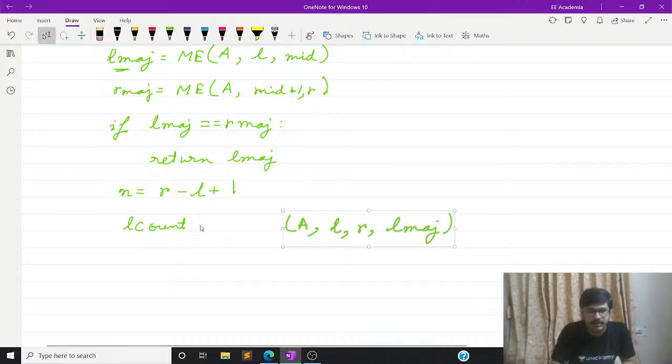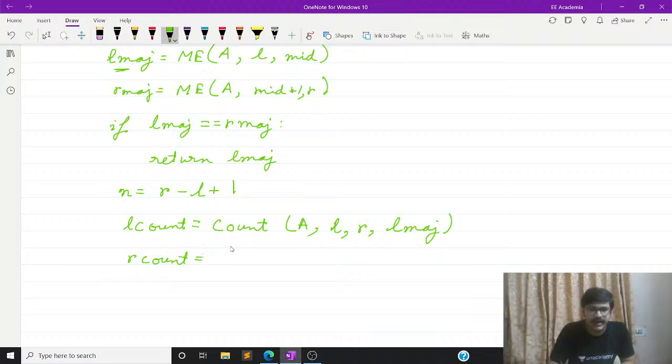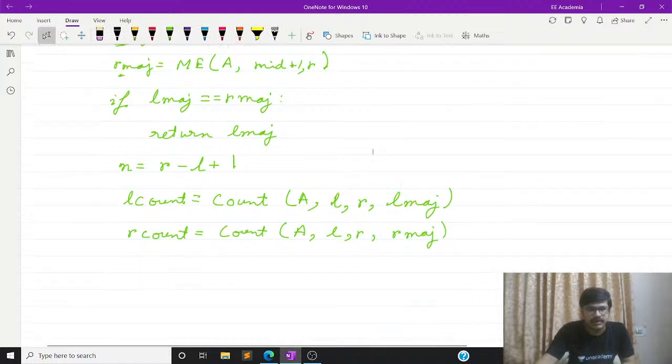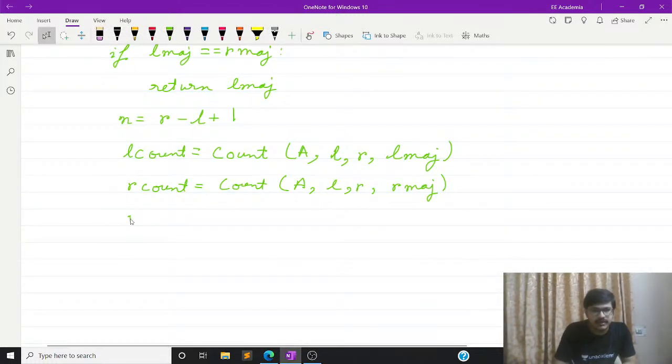So here I make a function call, let's say a function called count, okay? And right count is going to count the frequency of the majority element of the right half. That means count, in this current range, the frequency of the majority element of the right half, that means the right majority element. Now it is simple.